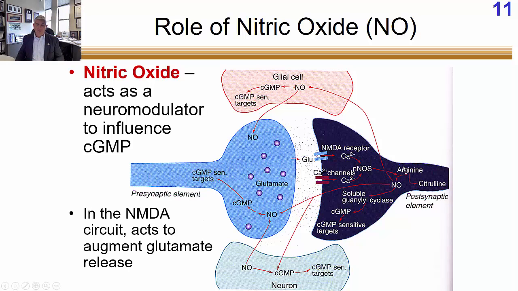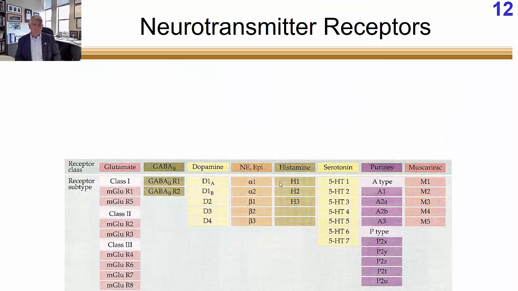And so in the LTP, AMPA, NMDA learning circuit, nitric oxide after LTP occurs is generated and released, diffused back as a retrograde signal, back to decrease the further release of glutamate after learning.